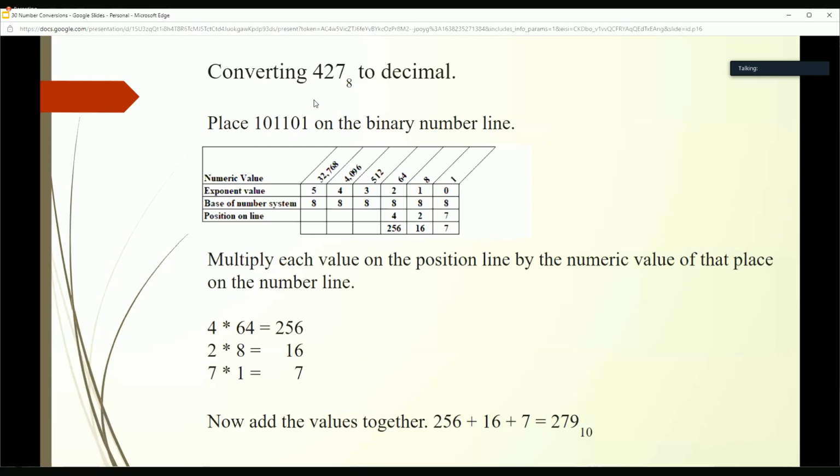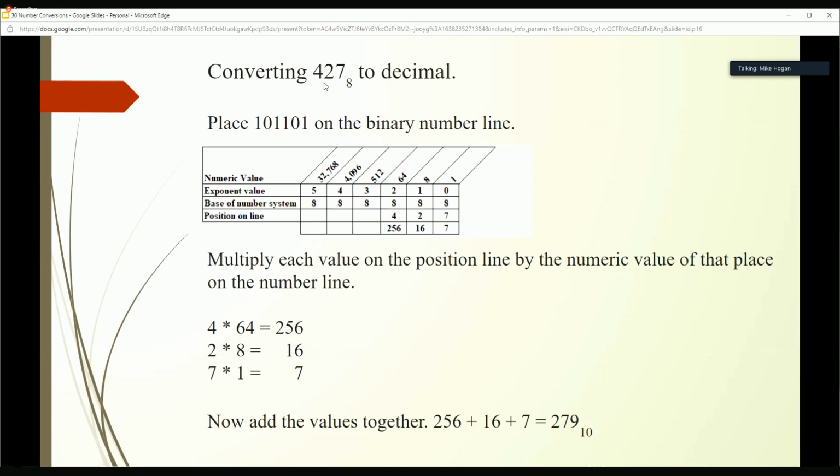Now we've got 427. This is octal, and we're going to convert that to decimal. This weighted number line works well when we're converting to decimal, because that's basically what we've created here, the decimal equivalent, if you will. I think the extra label here must be left over from the last graphic.